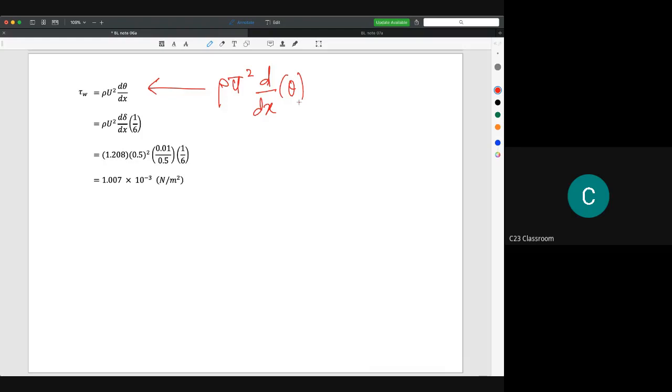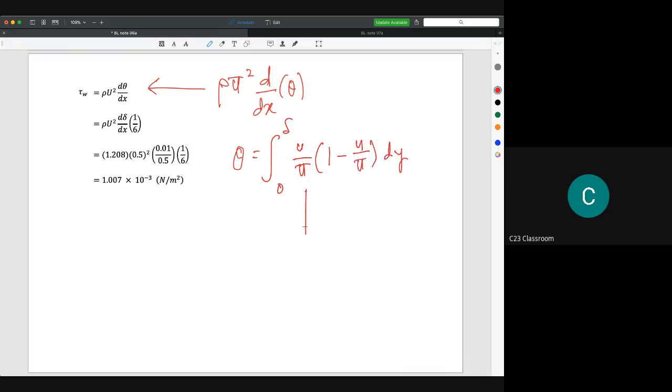Theta here can be calculated by using the common equation, the integral from 0 to delta of u over capital U times 1 minus u over capital U dy.